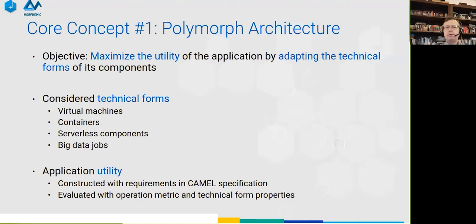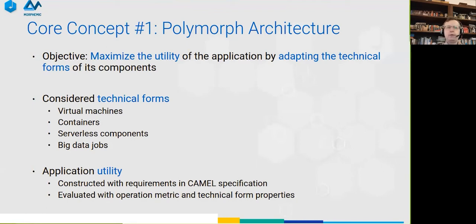That's the simple functionality, but in the Morphemic project, we added two very important features, and currently release 2.0 of Morphemic is available with the proactive adaptation, and the polymorphic architecture is currently under development and is planned to be released at the end of this year.